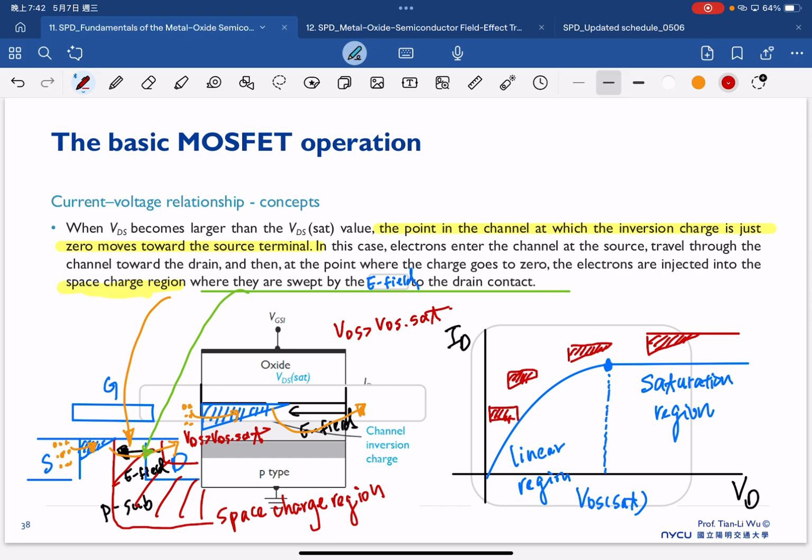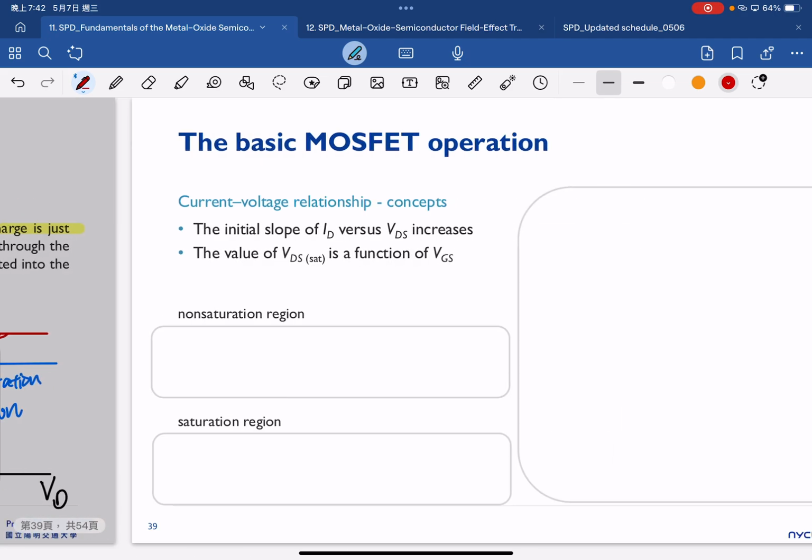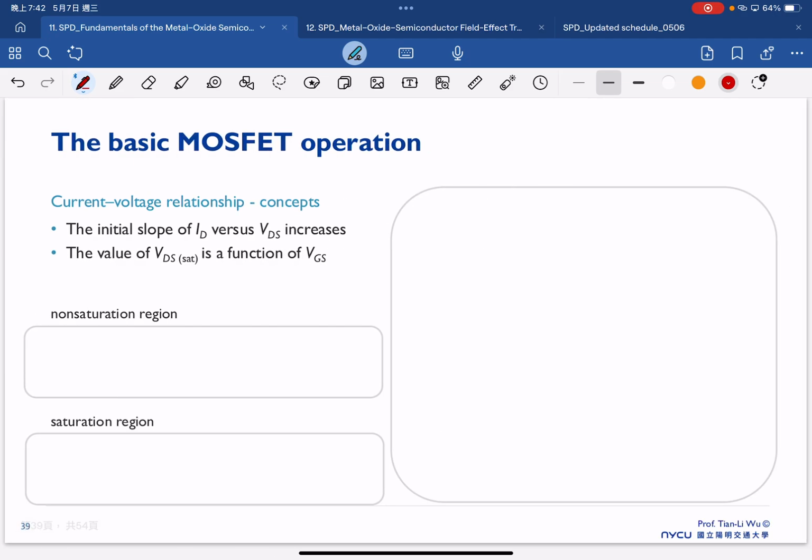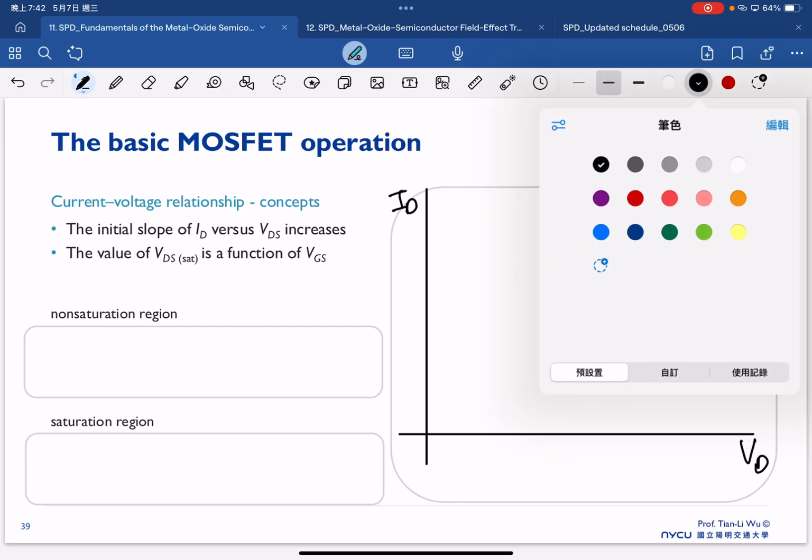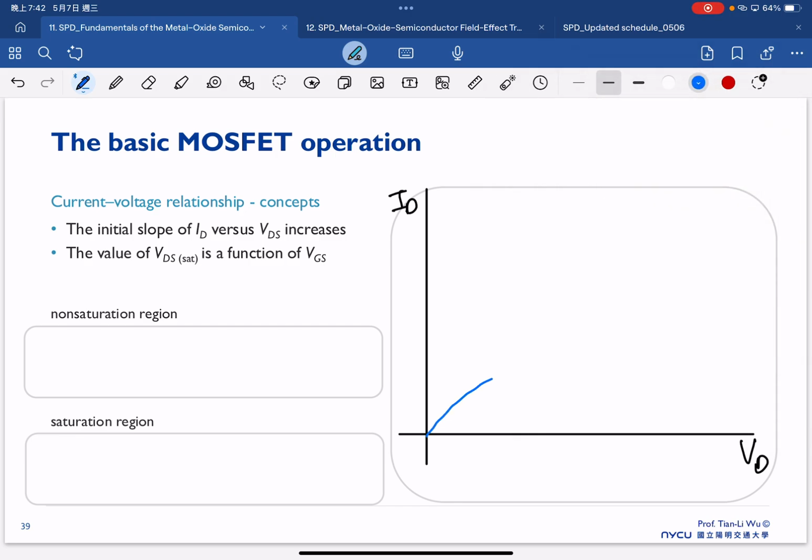So finally, we can complete this full IDVD curve. We have the current shown here, but this is only at one VG, and for sure we will continue to increase the VG.